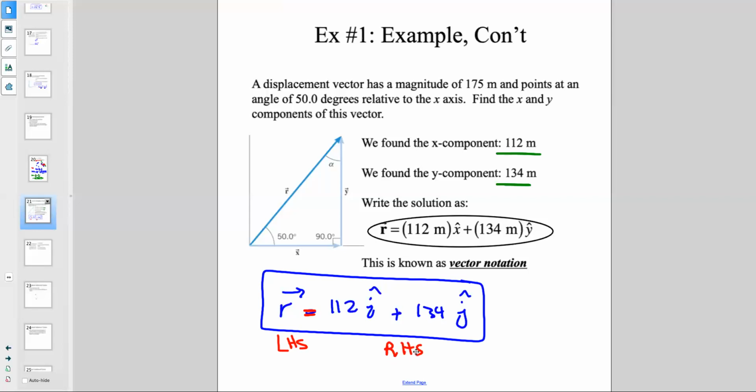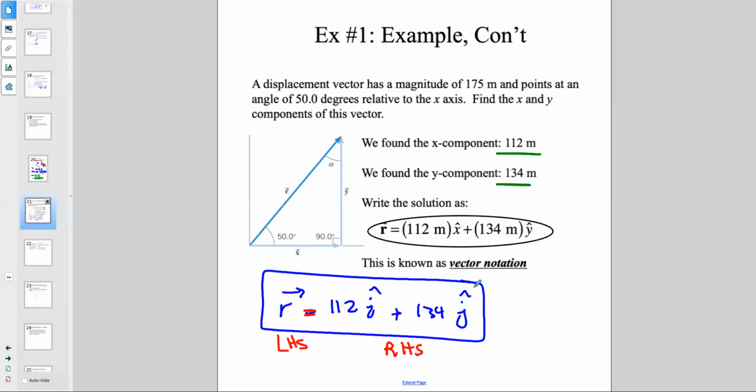Right-hand side is also a vector. But the notations are vector notations. I'm using i and j to indicate that I have this much of vector along x, and this much along y. Okay. So this is called the vector notation.